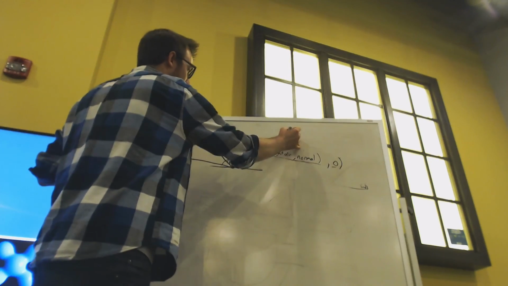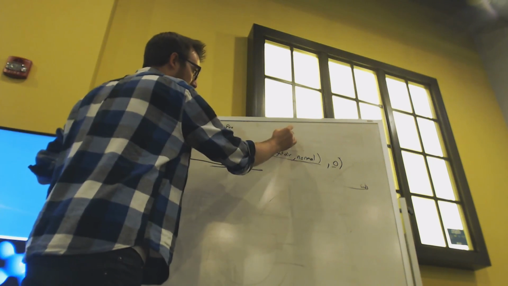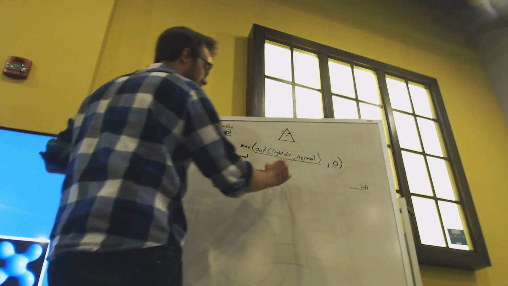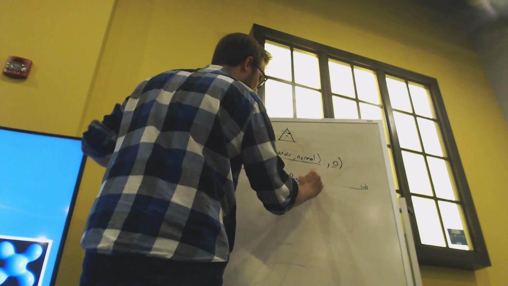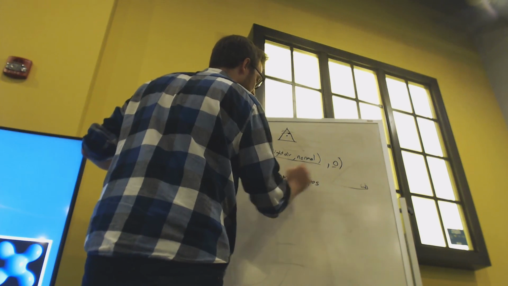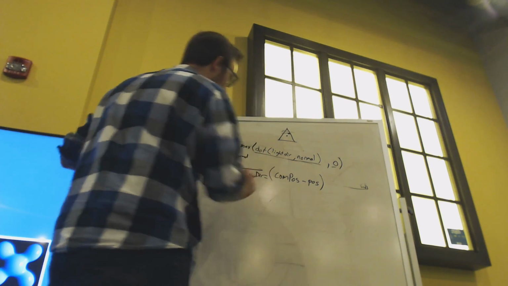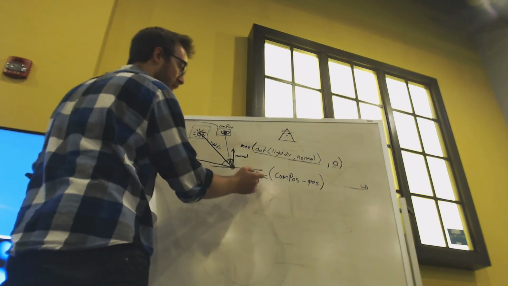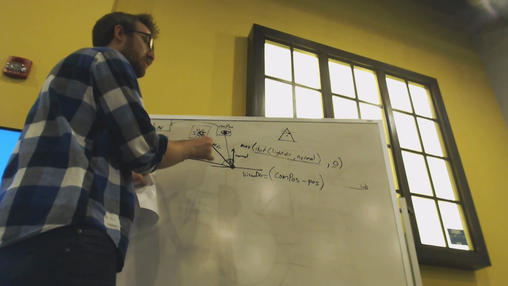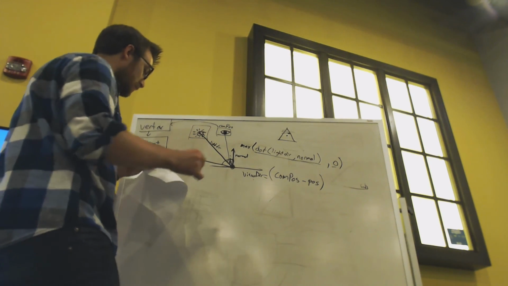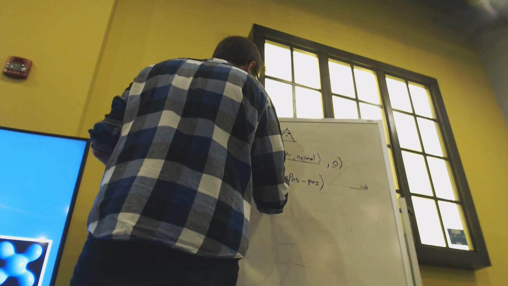Well, we've got this camera position, and we've got the position of this point right here. So we're going to take the cam position and subtract the fragment's position to come up with a view direction. And all that means is it's where we're at in relation to the camera and the pixel that we're currently operating on. So once we get from there, we get a reflection, a reflect direction.